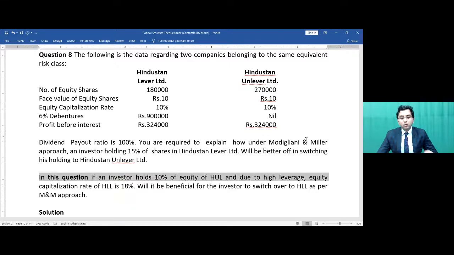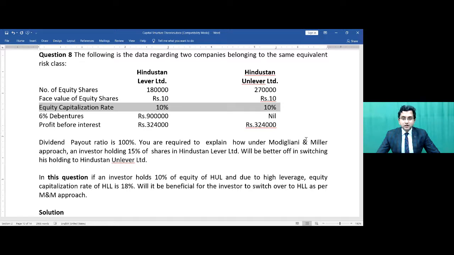if an investor holds 10% of equity shares of Hindustan Unilever Limited, and due to high leverage, the equity capitalization rate of HLL is 18%. Look here, the current equity capitalization rate is 10% for both companies. So KE for HLL and HUL is 10-10.